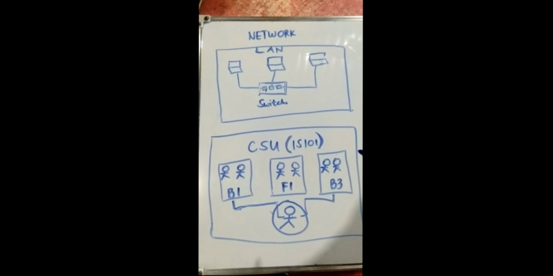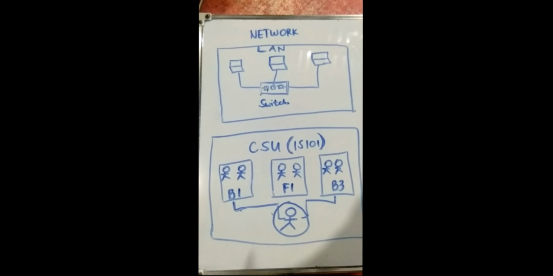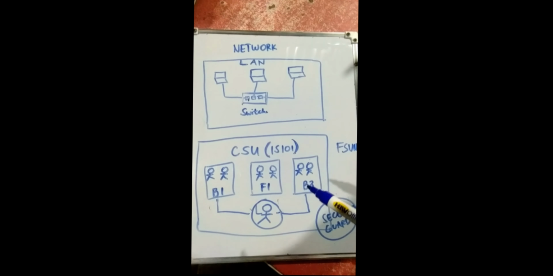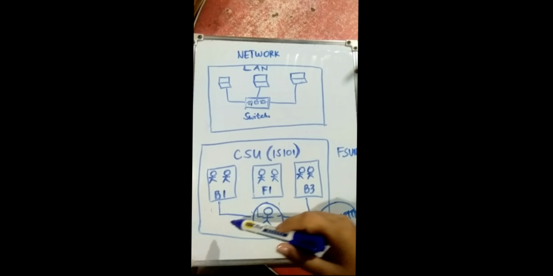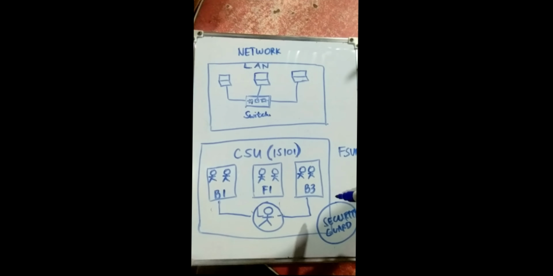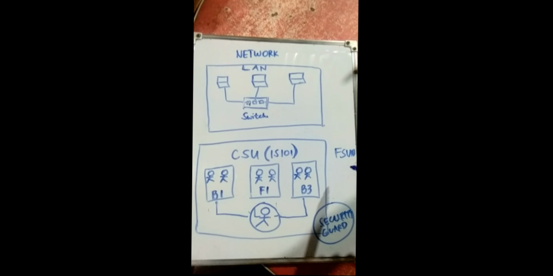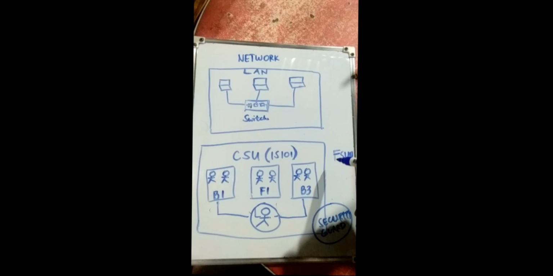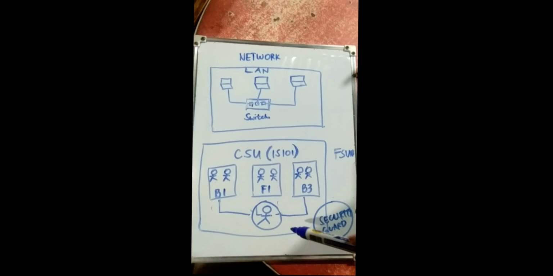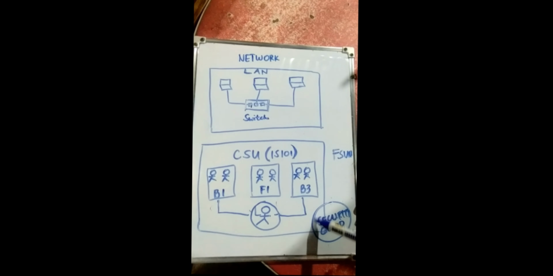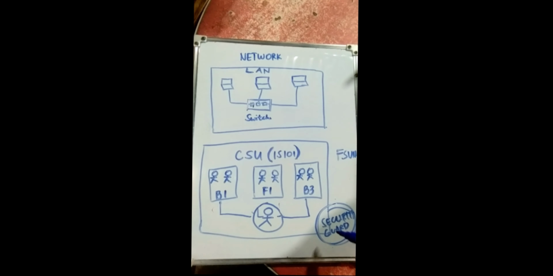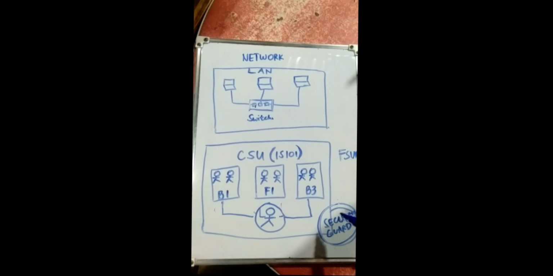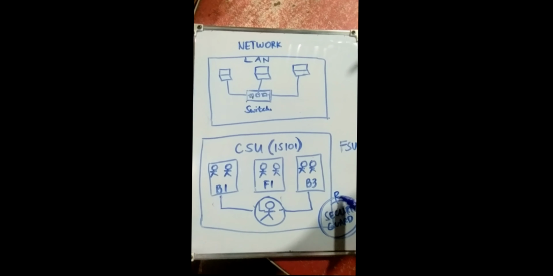A switch is a device by which the local area network connects the devices. But if a student from section B1 wants to meet a student outside the school, for example, the school from SU, in that case the student has to go to the main security guard to allow him or her to go outside the university. So the main guard represents the router.